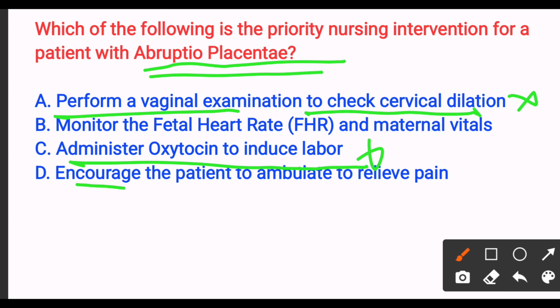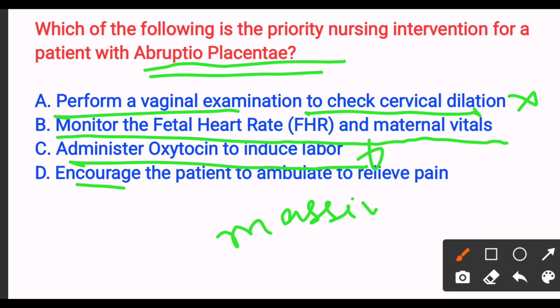Option D, encourage the patient to ambulate to relieve the pain. No. In placenta previa, vaginal examinations are strictly contraindicated, and the priority should be monitoring the fetal heart rate and the maternal vitals, because placenta previa or abruptio can cause massive hemorrhage.